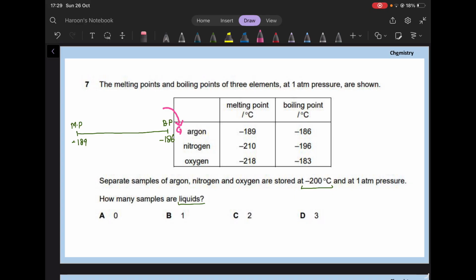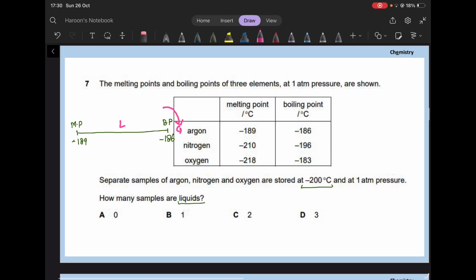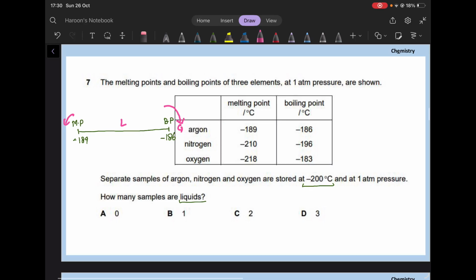If the temperature is in between 189 and 186, which is between the melting and boiling point, it would be in a liquid state. And if it is below this, for example negative 190 or negative 200, it would be in a solid state, right?